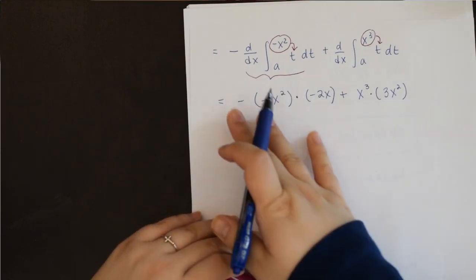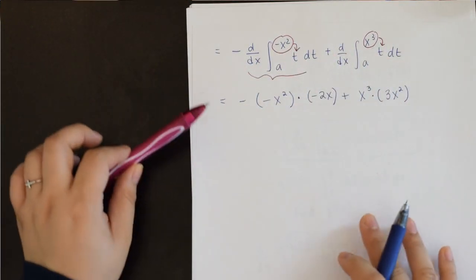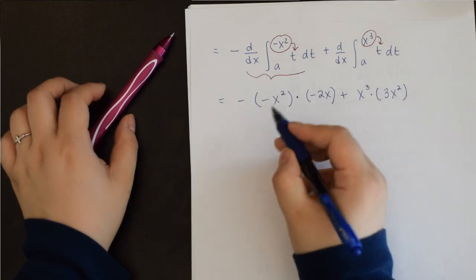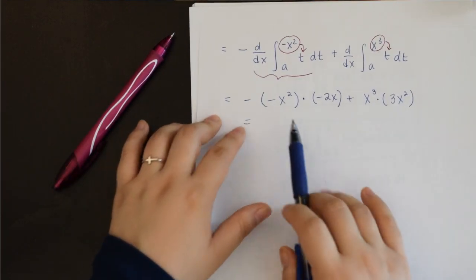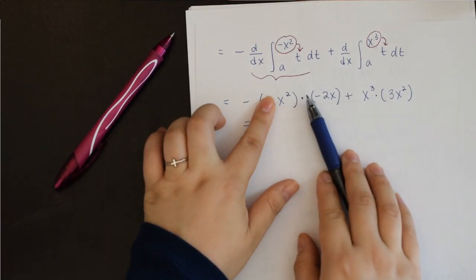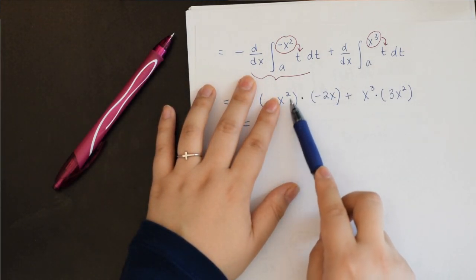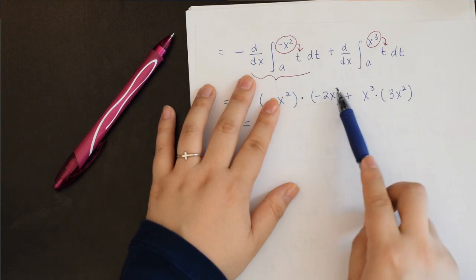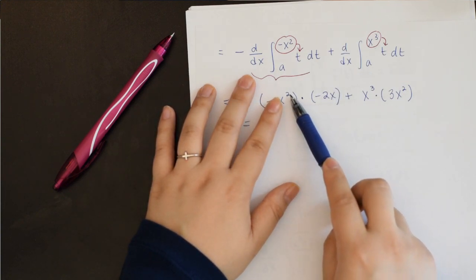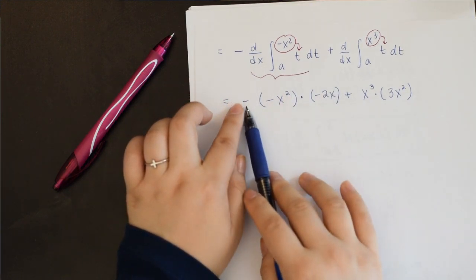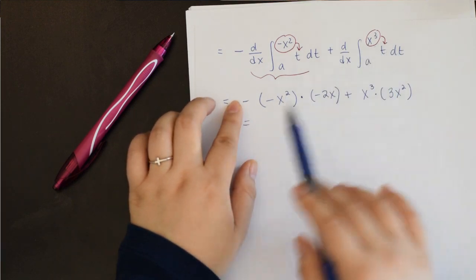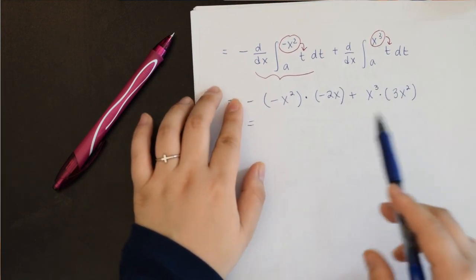Very good. And now we just clean this up a little bit for our final answer. So we have what? Negative times the negative is positive, and we have 2x cubed, because x squared times x is x to the 1, so 2 plus 1 is 3. So we have our negative 2x cubed.